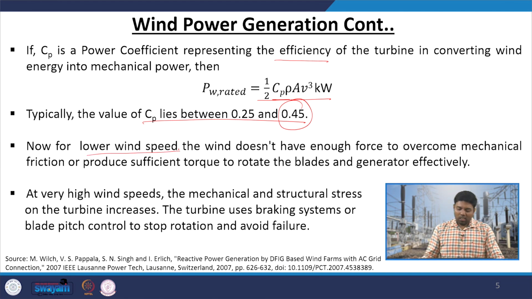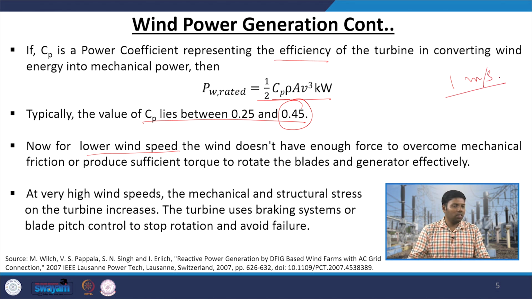Now, is it possible that whatever wind speed you get, you will get power always? Let us say your wind is blowing at 1 meter per second, will you get wind energy? Or let us say you have a hurricane or cyclone, blowing at 100 meters per second. Will you get power at both times?